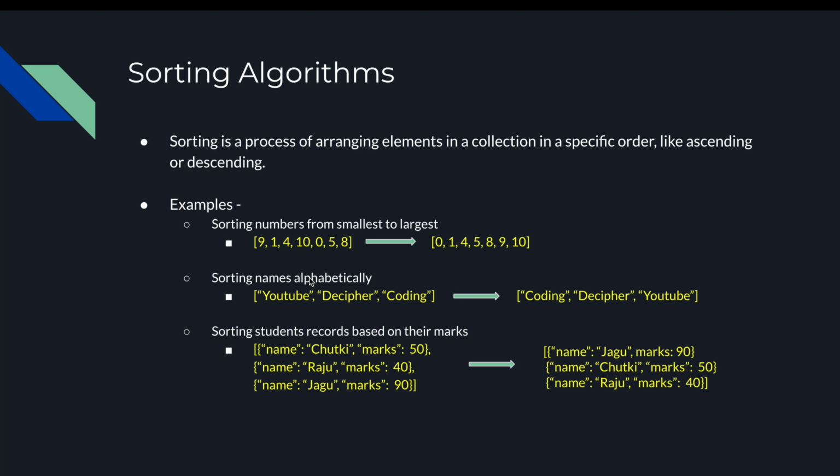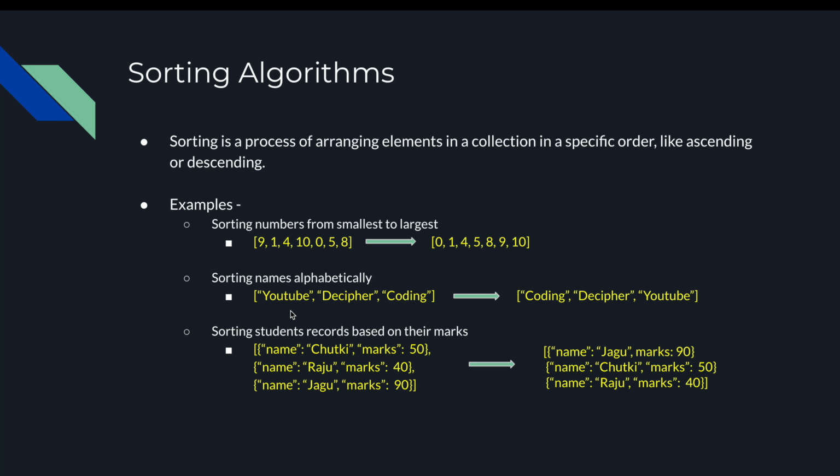And let's say you are given an array of strings like YouTube, decipher, coding. In that case, you will rearrange these strings to look something like coding, decipher, YouTube, right? Because C comes first, D comes second, and Y comes last.